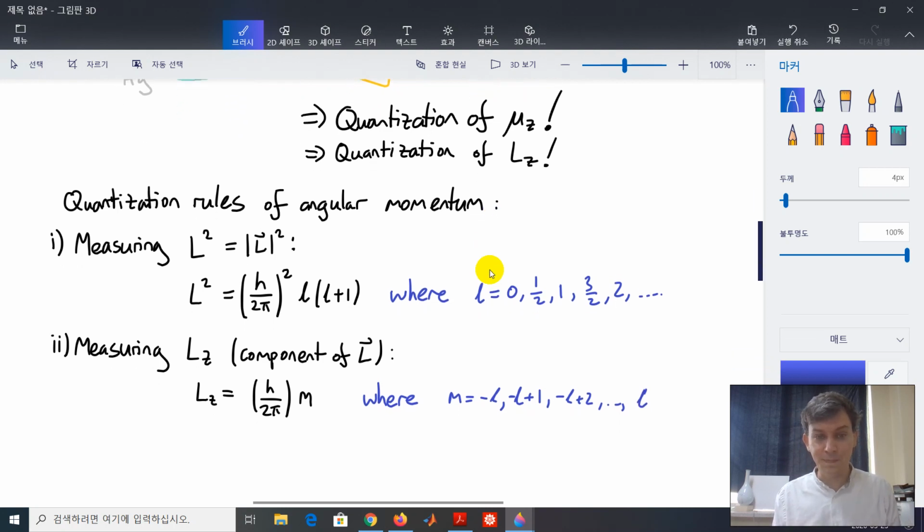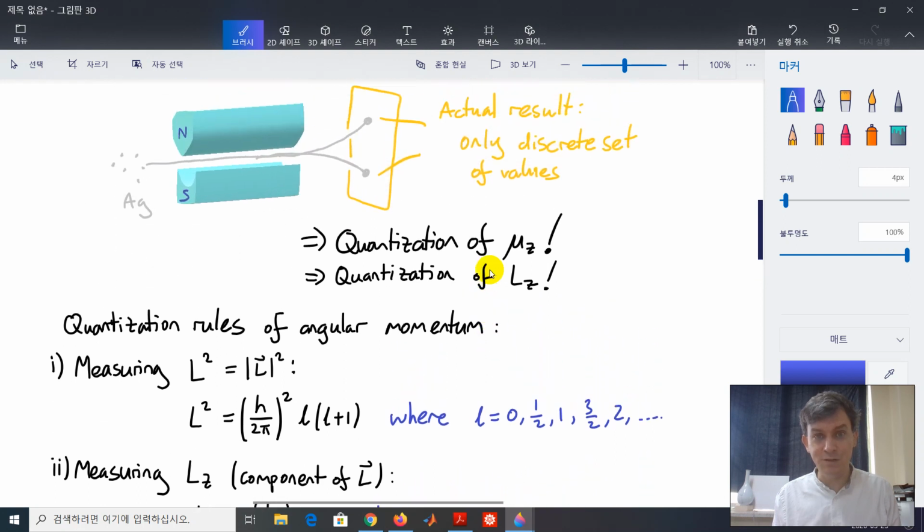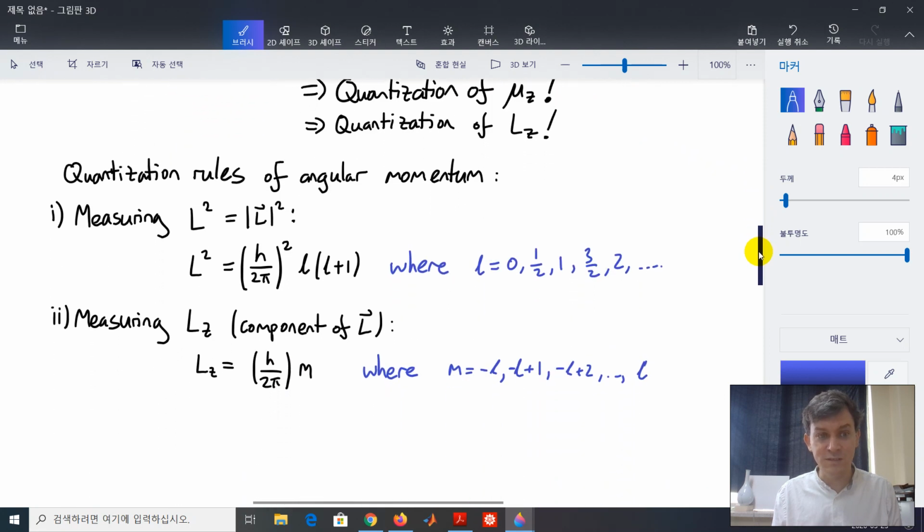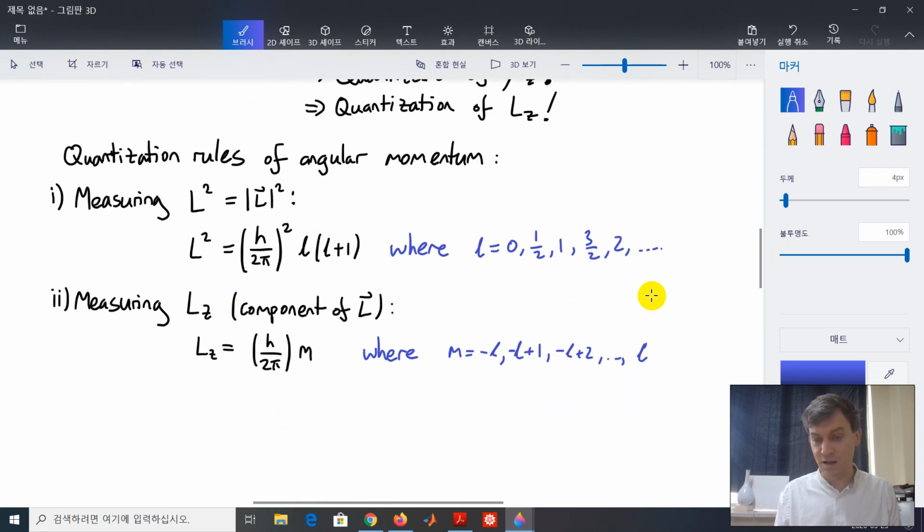As an example, if you look at the Stern-Gerlach experiment here, the z component of angular momentum has two possible values, one is up and one is down. So this corresponds to the case where L here is a half. I'll do two examples. The first one is the case for these silver atoms.